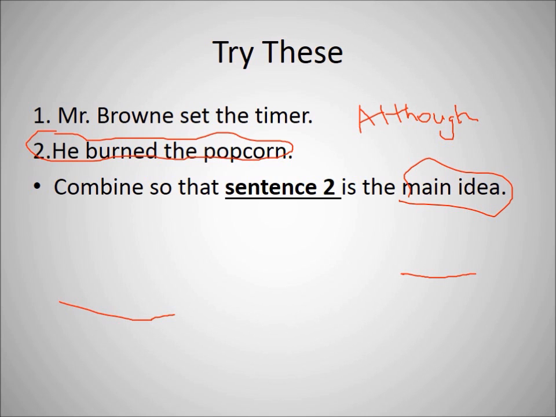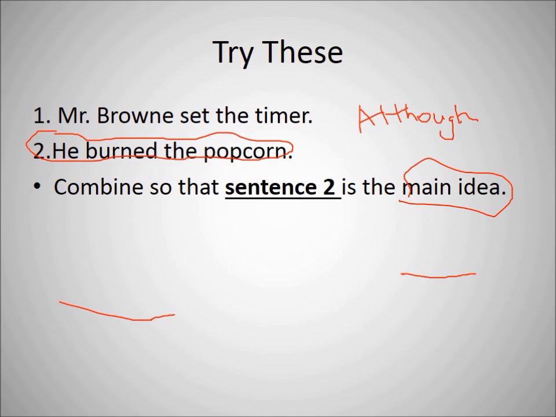Let me write this up here. You're going to combine these two sentences with the word "although," but I want sentence number 2 to be the main idea.